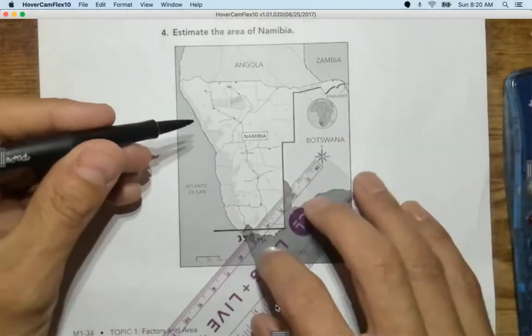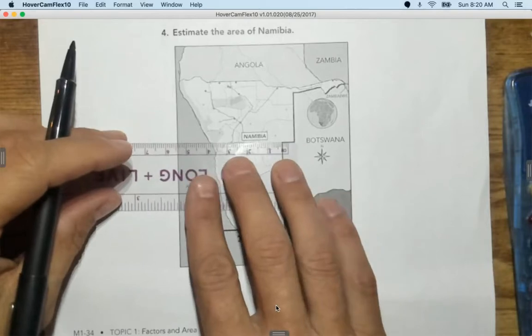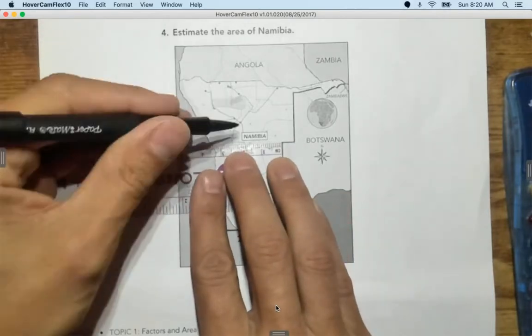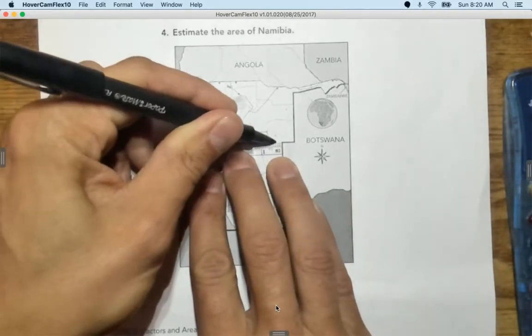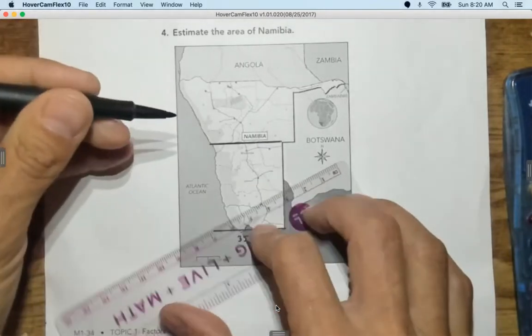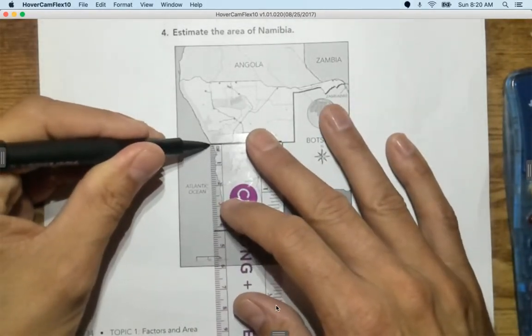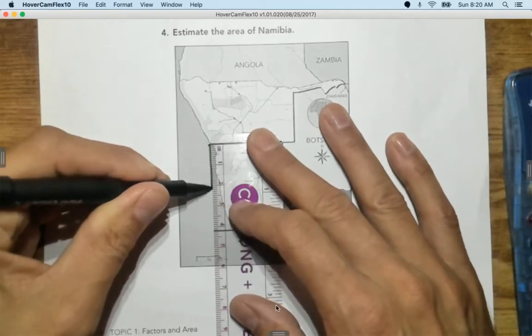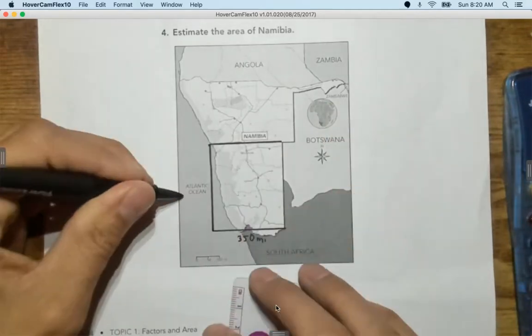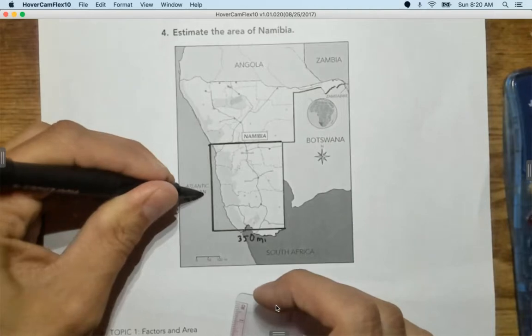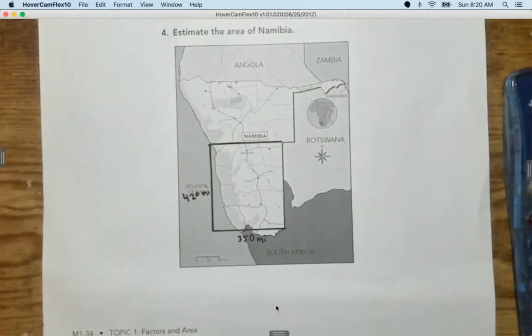Then it makes sense for this one to go right here and to make a nice rectangle. This rectangle will be just about 420 miles.